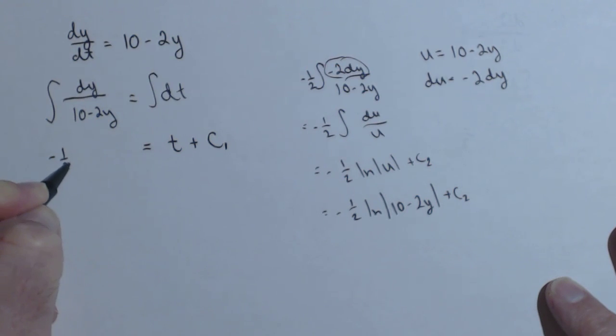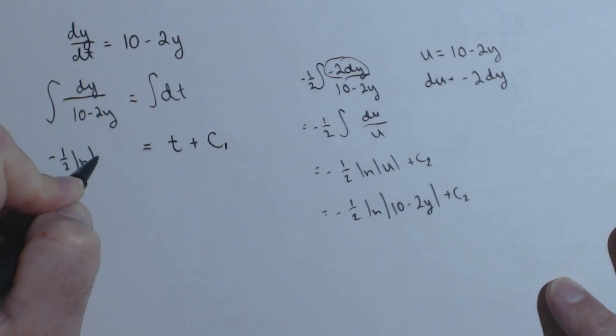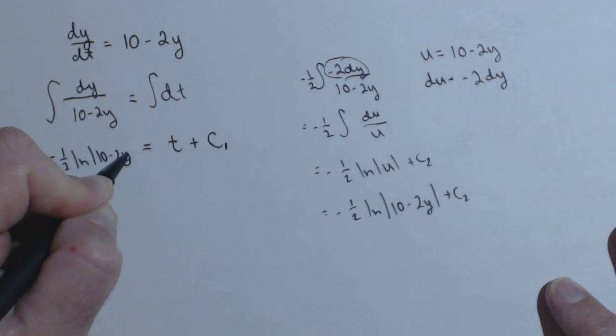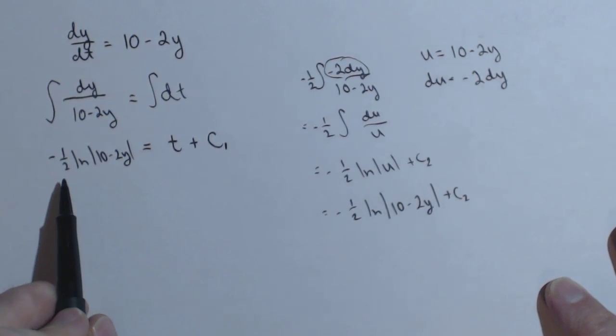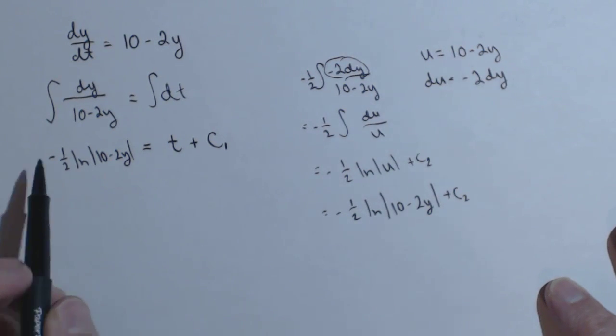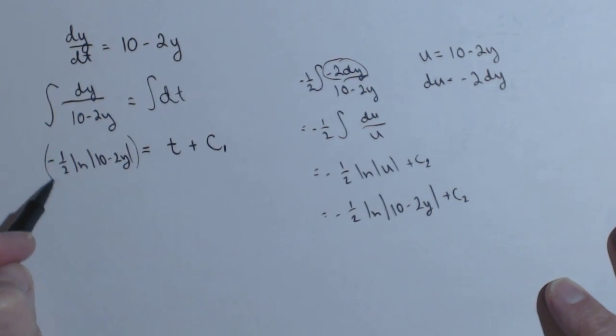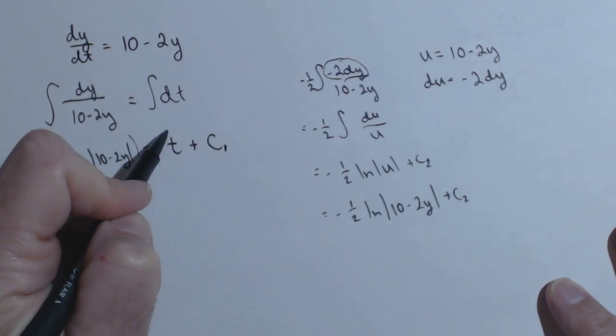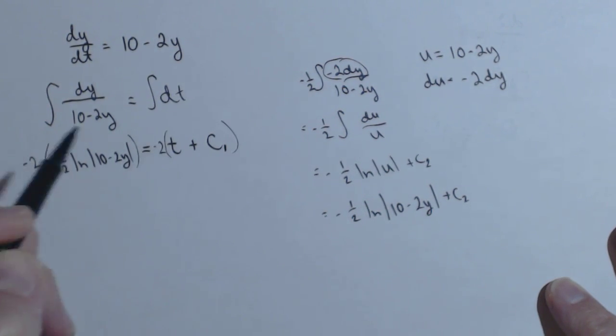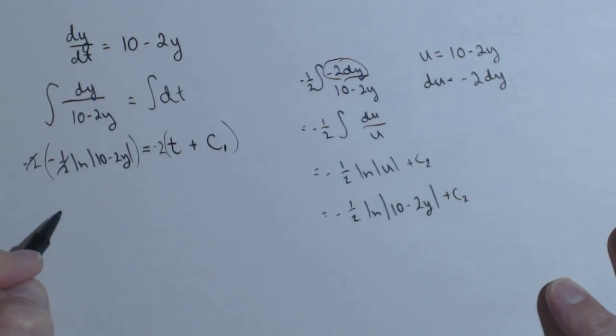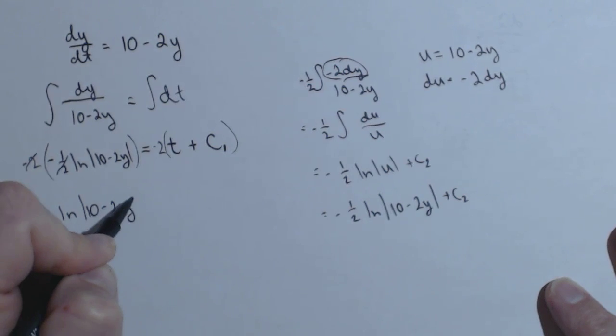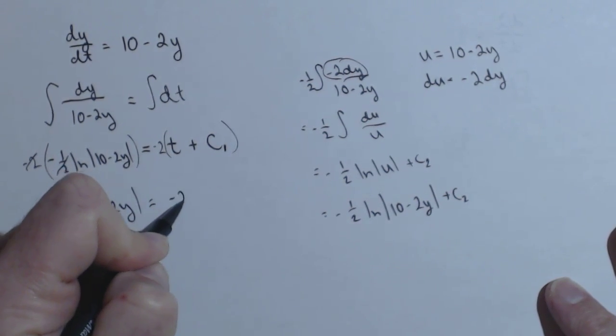So negative 1/2 ln absolute value of 10 minus 2y. And I've got to do something with that negative 1/2. So I can multiply both sides by negative 2. That cancels that out. I get ln of 10 minus 2y equals negative 2t.